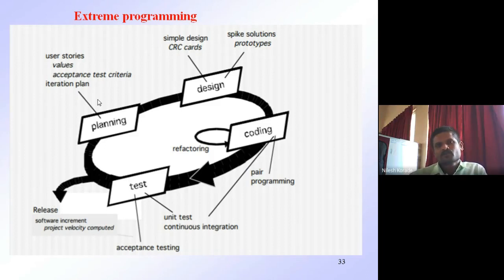So the user will write a story in the form: the user will enter a URL in the browser, enter a username and password, and click on the login button. Whenever he clicks on the login button, if your username and password are correct, in that case your system should switch to your home page. So this is one story.